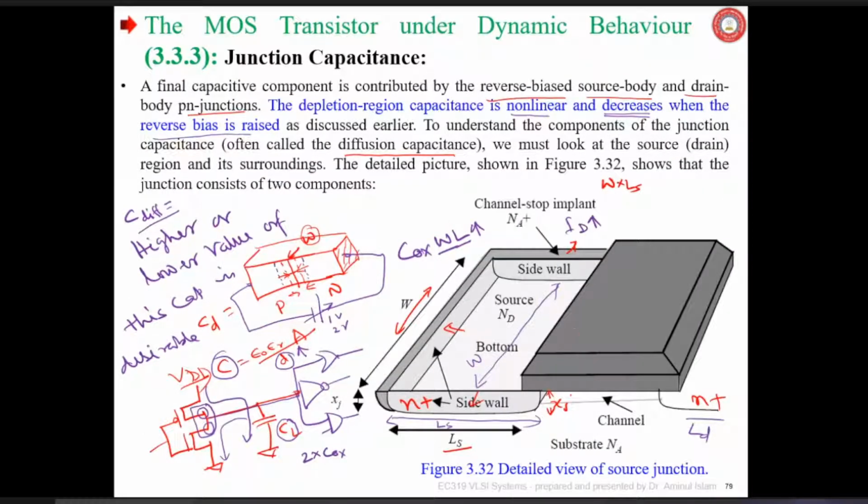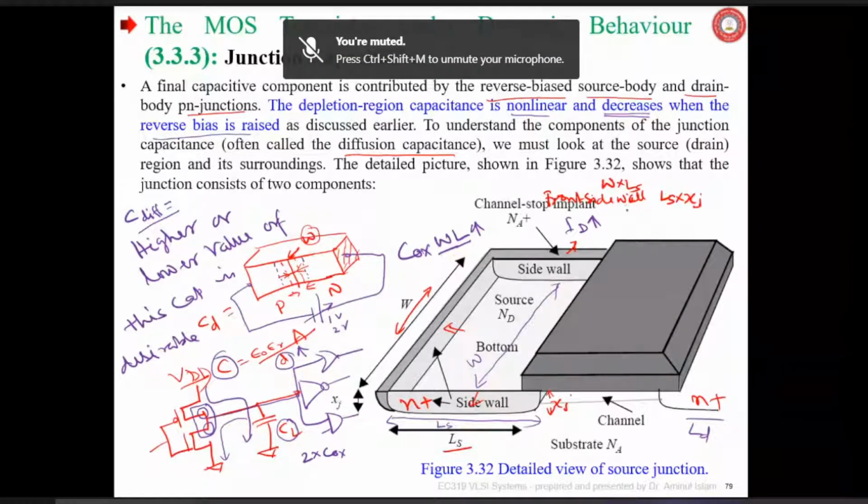So the side wall, the front side wall, if you consider, or back side wall, what will be the area? Let me say front side wall. LS into XJ. Similarly, for the back side wall, so we'll just multiply by 2.